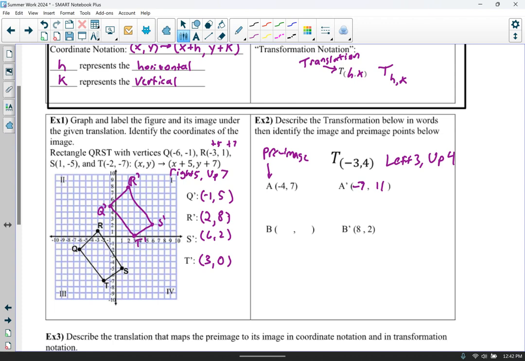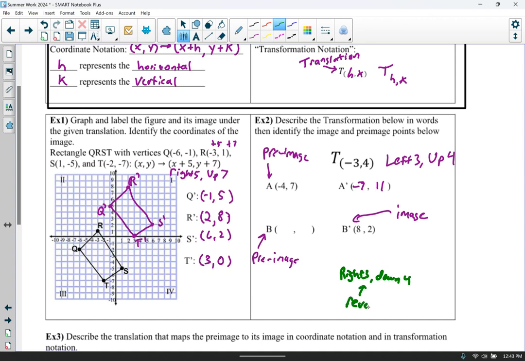The next one's a little tricky because this time we're given the image and we're asked to figure out the pre-image. So really here we have to work backwards, right? So what's the reverse? The reverse of left 3, up 4 would be right 3, down 4, right?